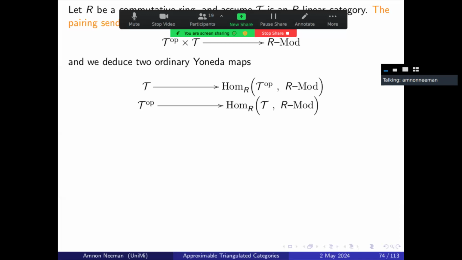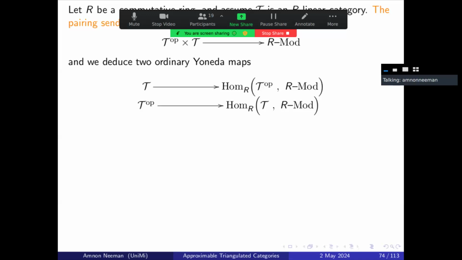And it induces two Yoneda maps. There's a map from T to the dual of T^op, and a map from T^op to the dual of T. And in general, these maps don't tell you all that much. But just like in the functional analysis example, you might get much more information if you restrict to well-chosen subcategories, to L^p and L^q.